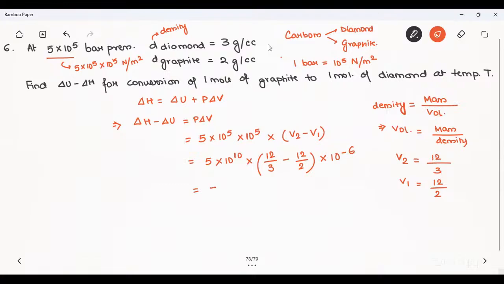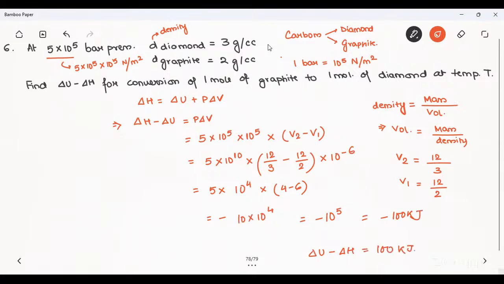So it will be 5 into 10 to the power 4 into 4 minus 6, so it will be minus 10 into 10 to the power 4, which is equal to minus 10 to the power 5. So it will be minus 100 kilojoules. So your delta U minus delta H will be 100 kilojoule.